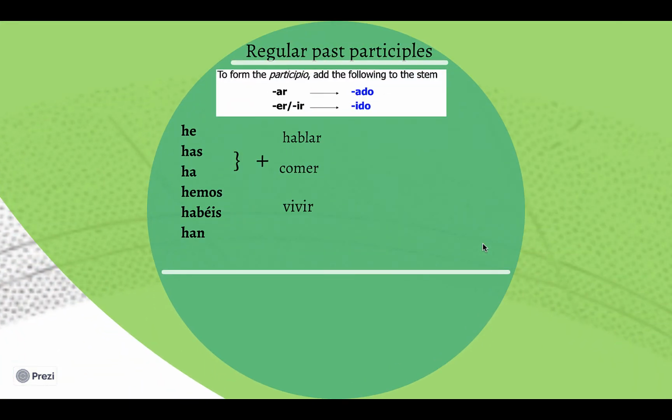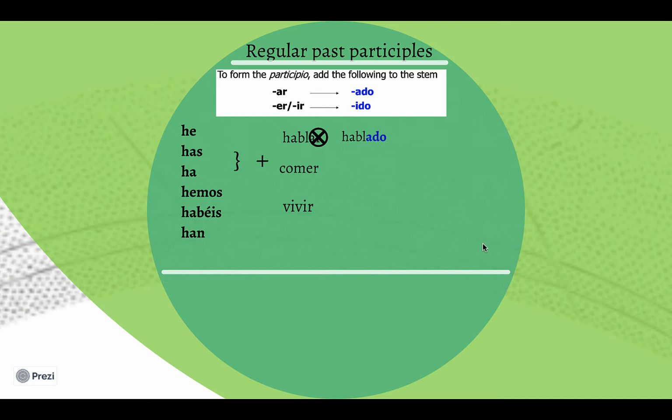So regular past participles. To form the participio, we add the following to the stem. So in verbs that end in ar, we knock down the AR, we add ado, and voila, we have created the participio for hablar. Yo he hablado.